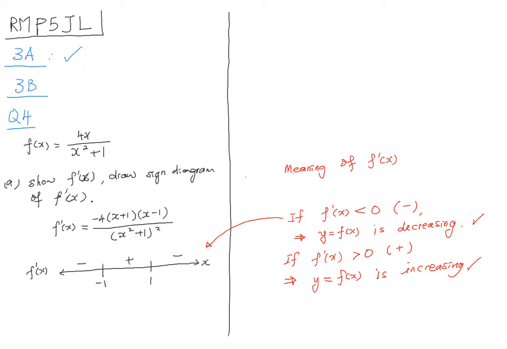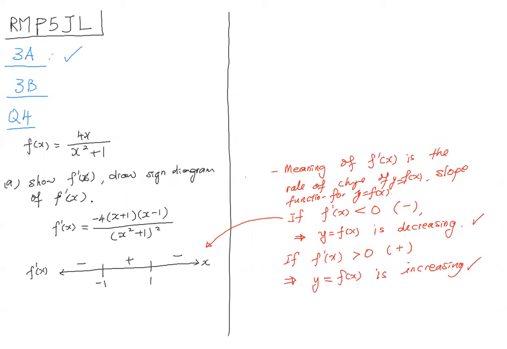So the meaning of f prime x is, just now, when Cheng said, the rate of change of y equal to f(x), or is the slope function for y equal to f(x). So that is the most important thing.